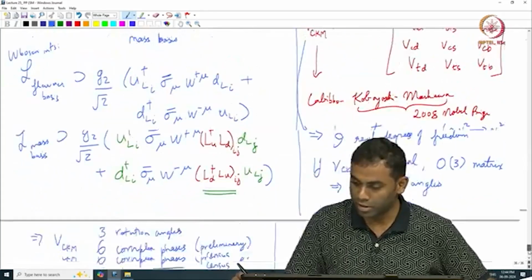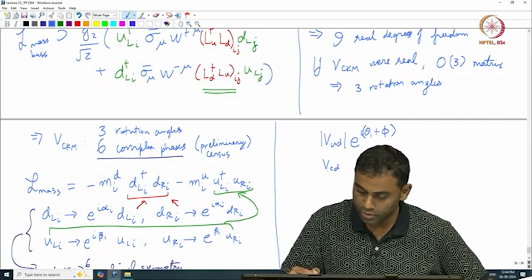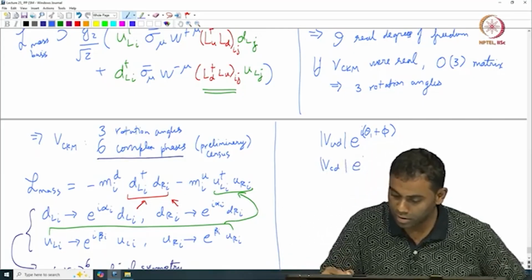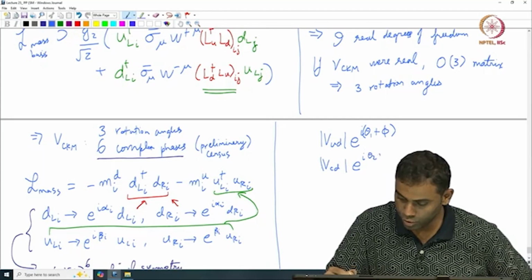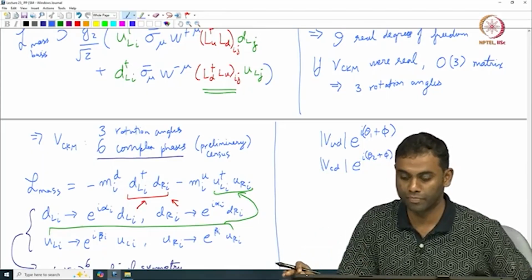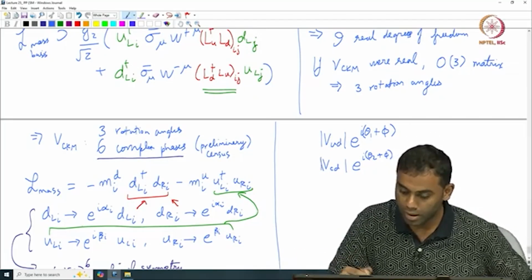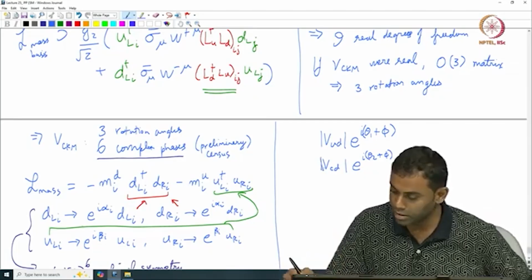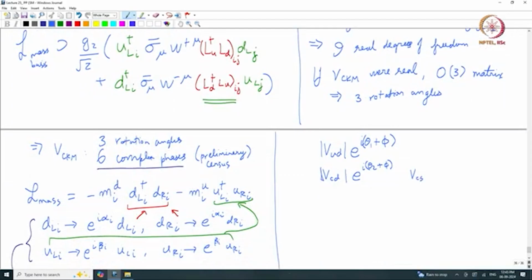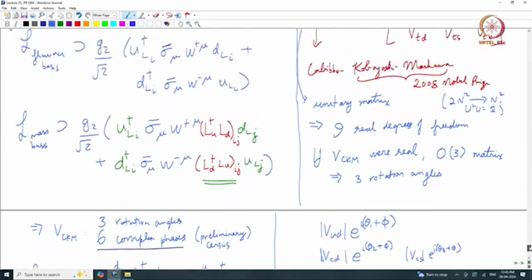And what else shall we pick? Let us pick VCD. Let us say VCD comes with its own phase, so let us call it e power i theta 2 plus phi. So this is basically theta 1 plus phi, theta 2 plus phi, this is the entire phase, okay. And then let us pick one more random element, let us pick VCS. So VCS is the third phase, okay, and then I will pick VUB.